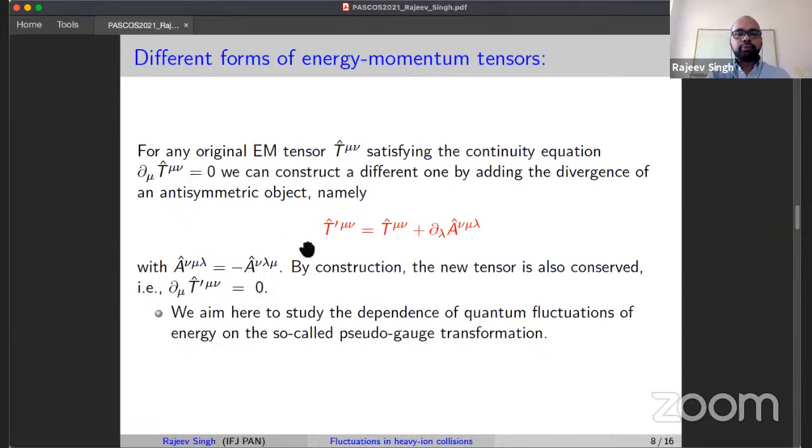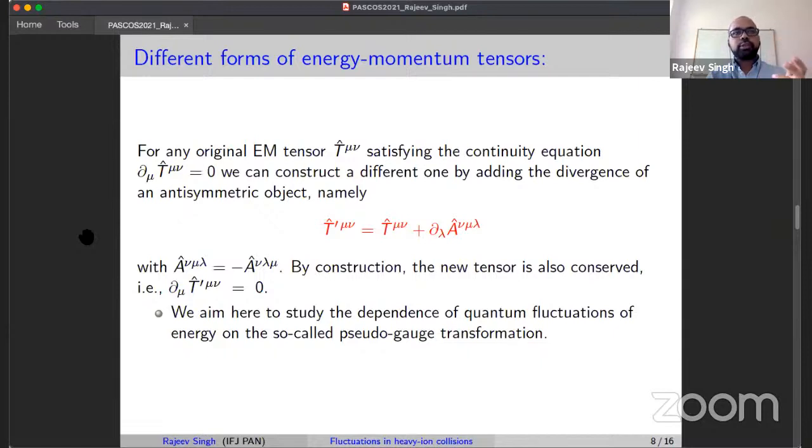But to use perfect fluid hydrodynamics in relativistic heavy-ion collisions, we need a T mu nu which is symmetric in mu nu, right? Therefore, the T mu nu from the Dirac Lagrangian is the canonical energy momentum tensor, and that is actually not symmetric, it is antisymmetric.